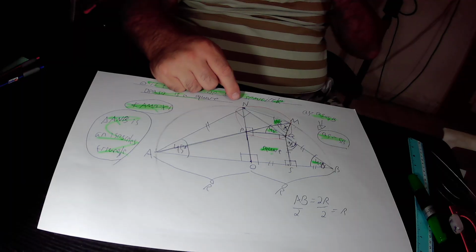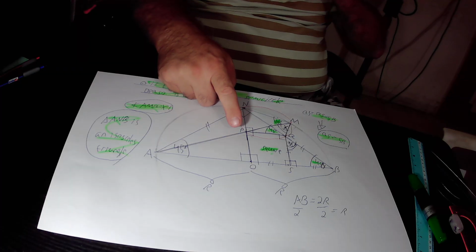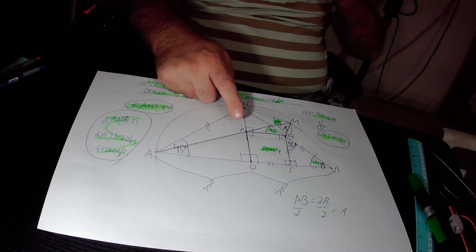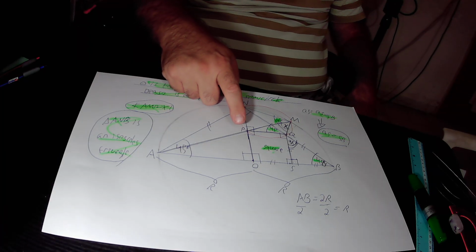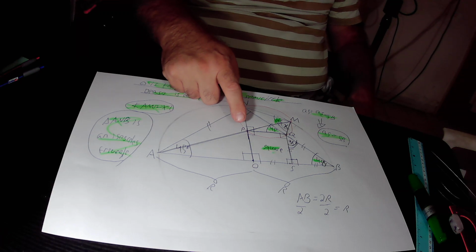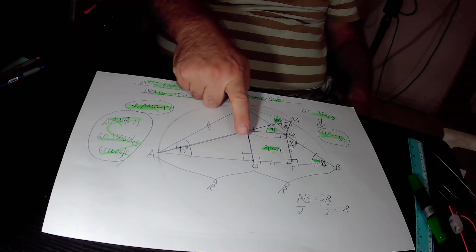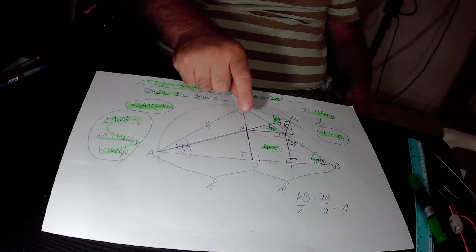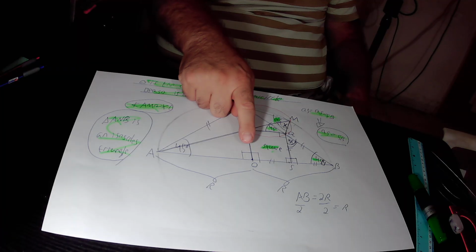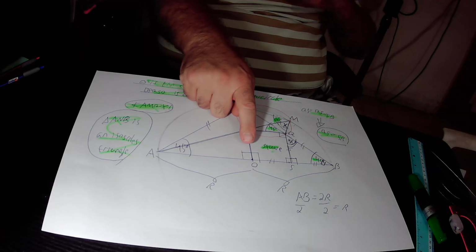The perpendicular from point N bisects the base AB. If it bisects the base AB, it means that it touches the base AB at its midpoint. And the midpoint of AB, that is the midpoint of the diameter AB, must be at the center of the semicircle, because the midpoint of any diameter is the center of the circle or semicircle.